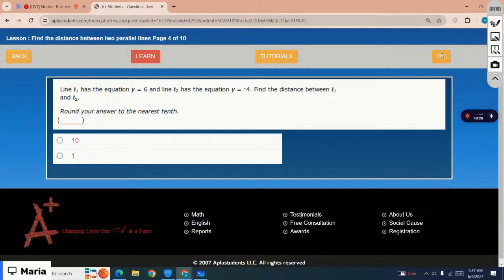Line L1 has the equation y equals 6 and line L2 has the equation y equals -4. Find the distance between L1 and L2. So which is the correct option?